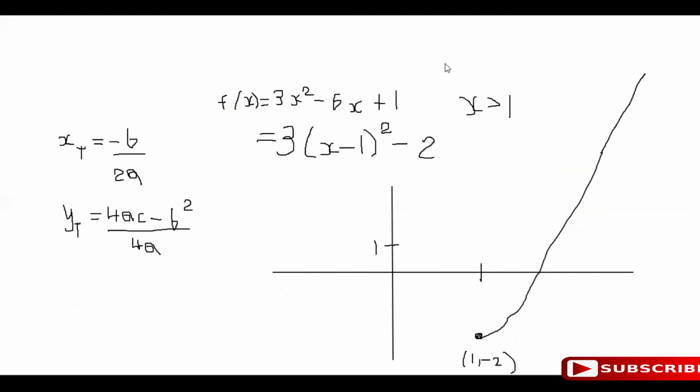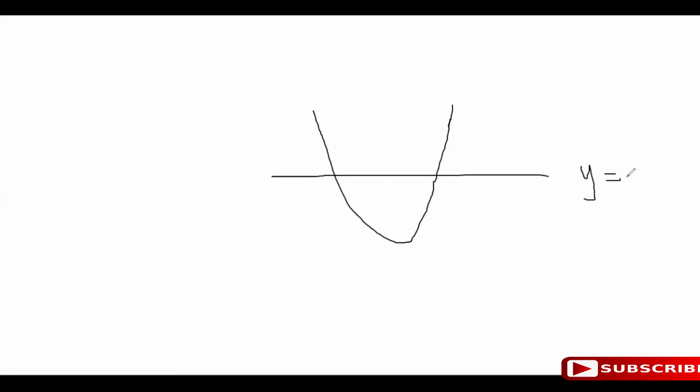Now let's go to a new sketch right here and look at what happens with a quadratic. This is a general idea of a quadratic. When we solve a quadratic equation equal to 0, so this is the line y equals 0, what we get are the roots of the quadratic equation.